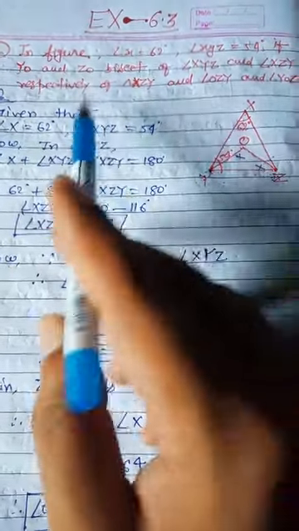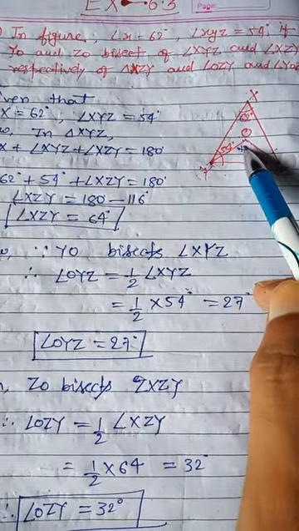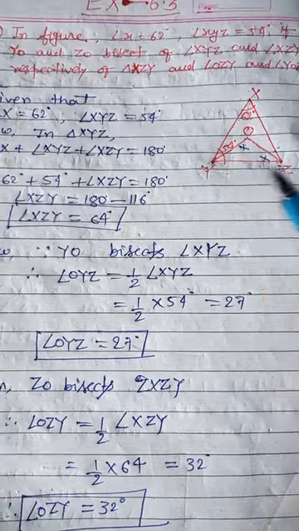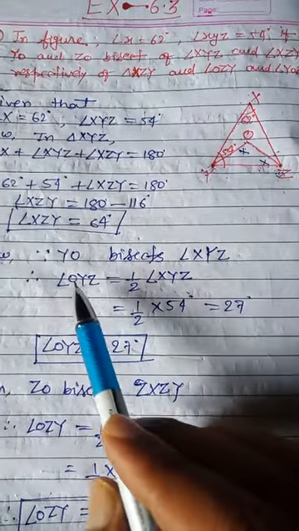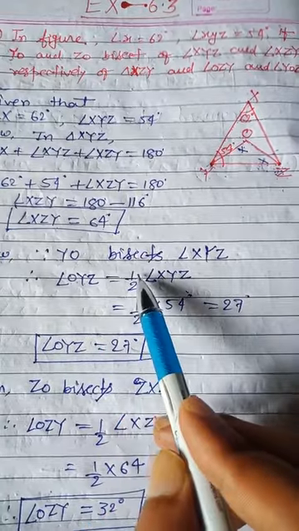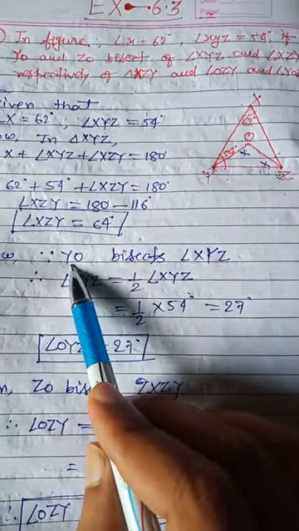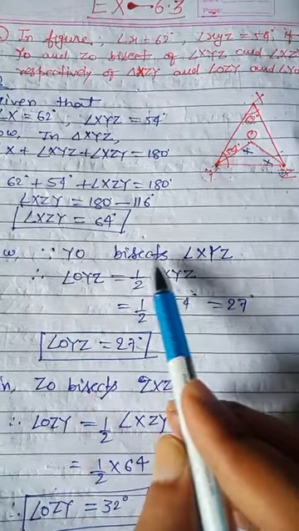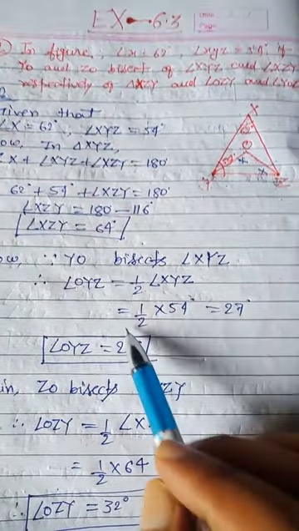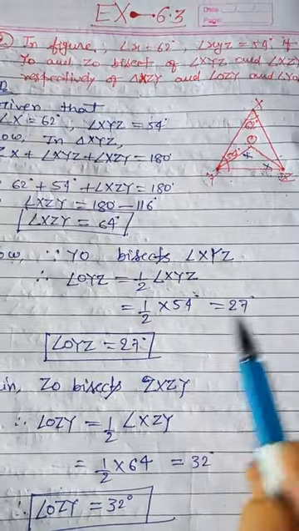Again, here it is also given that YO is the bisector of angle XYZ. So we can write angle OYZ is equal to half of angle XYZ because YO is a bisector, that means it divides the angle into two equal parts. So we can write 1/2 into 54 degrees is equal to 27.